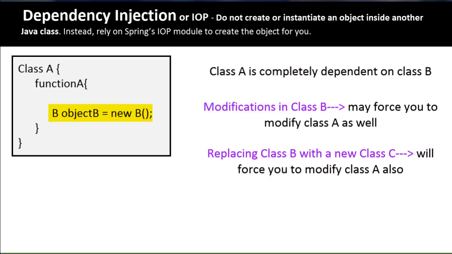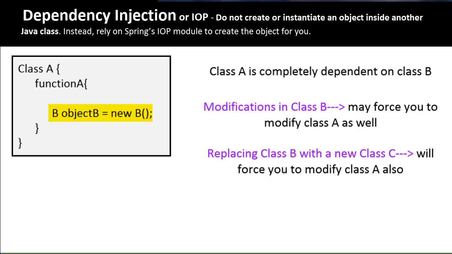I've just talked about the problems using a simple example, but believe me, in any big project having thousands of Java classes or more, if you have to make changes in hundreds of other classes because you just made a small change in one class, it's a real big pain.